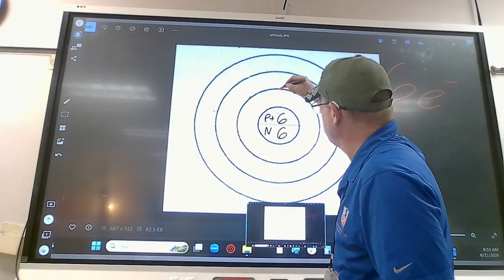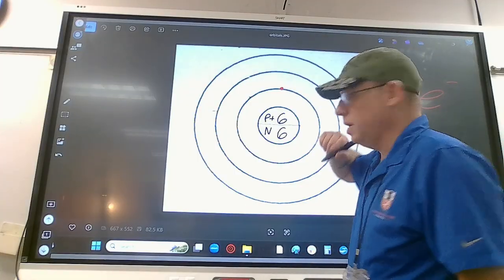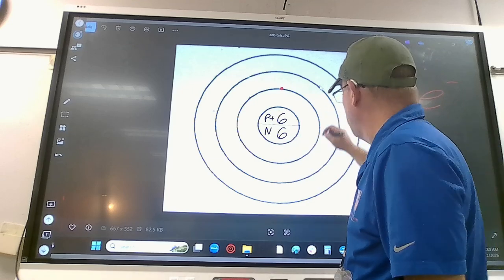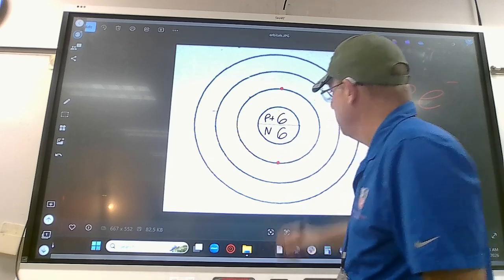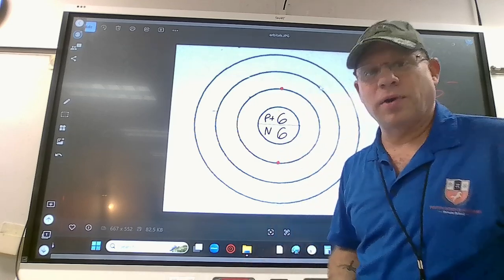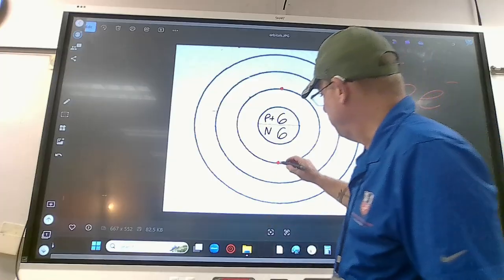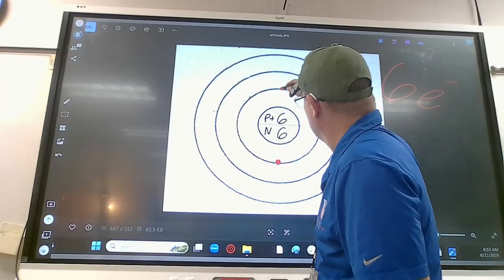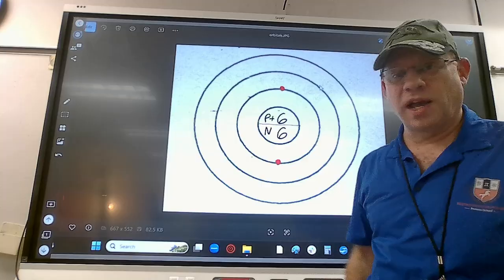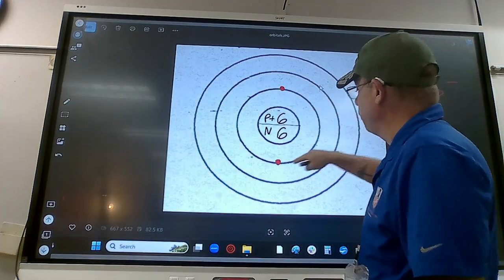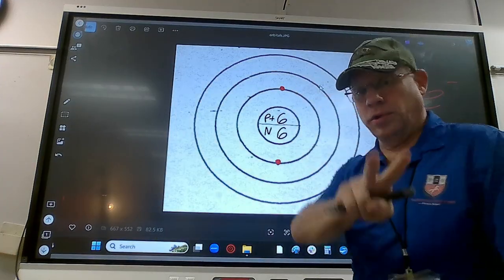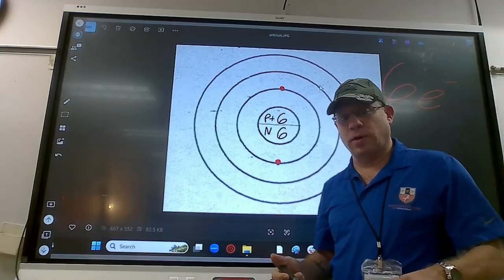Here's the first, all right? And then I have the second. They have to be as spaced out as they possibly can be, right? First and second. Well, we've hit the maximum. That first energy level, that first shell, can only hold 2. That's it for that first one.